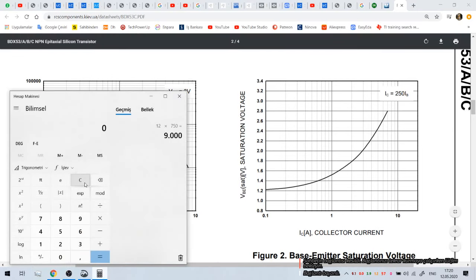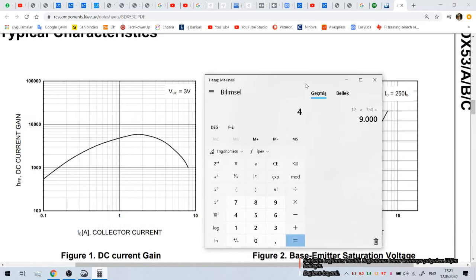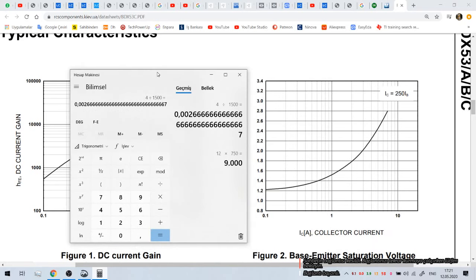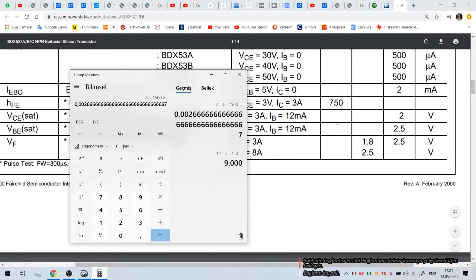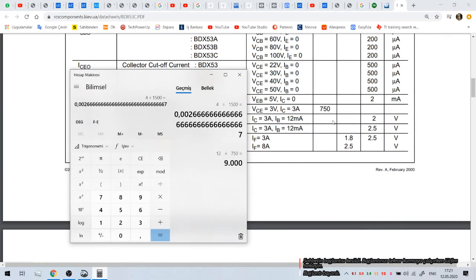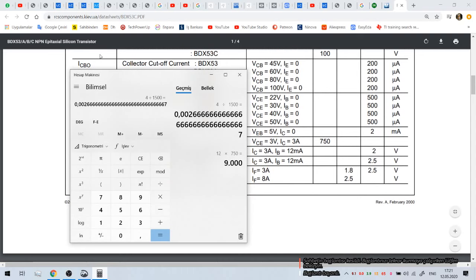Yes, calculate for 4 amp current divided by 1500. You can see only 2.7 milliamp is flowing, and it is much higher than we need. Yes, 2.5 volt here.